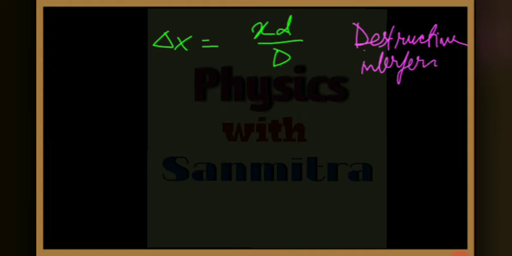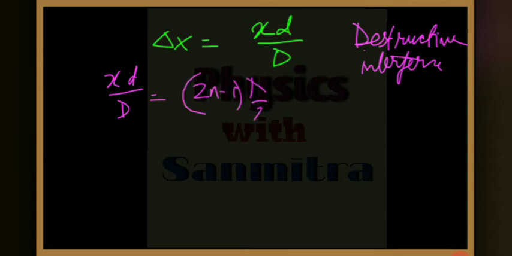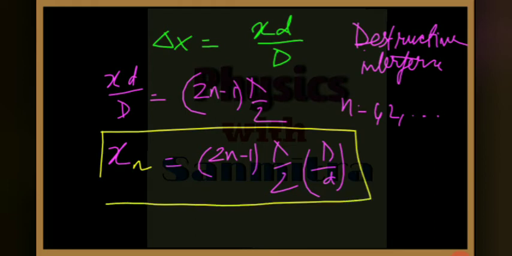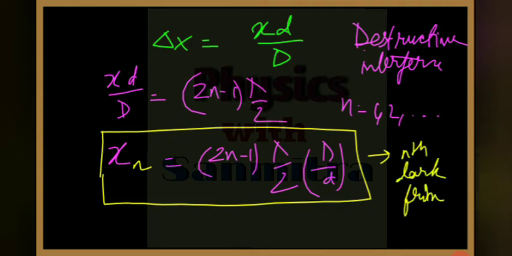For destructive interference, this x d by D should be equal to 2n minus 1 lambda by 2, for n is equal to 1, 2, and so on. So I can write x is equal to 2n minus 1 lambda by 2 into D by d. This is xn. It is the nth dark fringe.